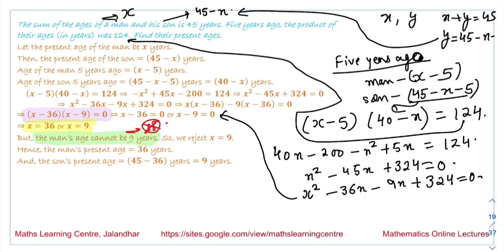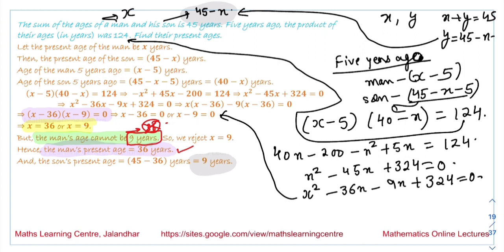So we reject x is equal to 9, and what we are left with is x is equal to 36. That is, the man's age is 36 years. So the present age of the son is 9 years, that is 45 minus x, 45 minus 36 is equal to 9 years.